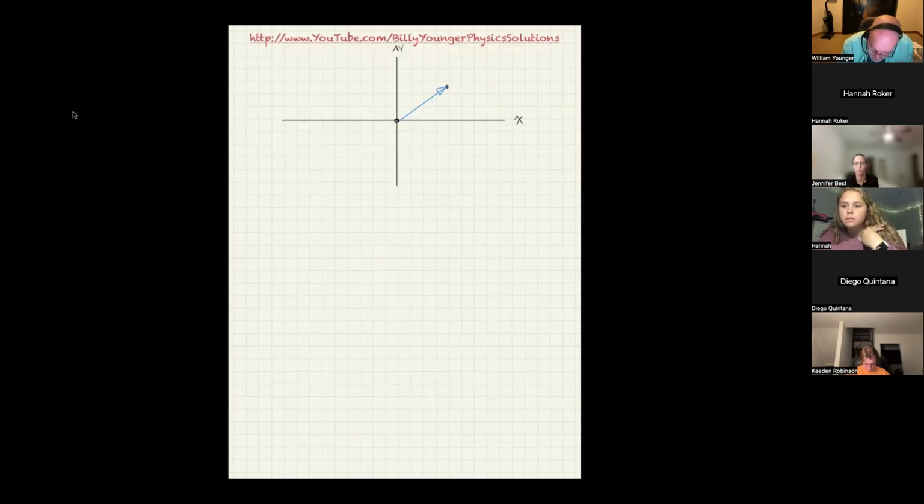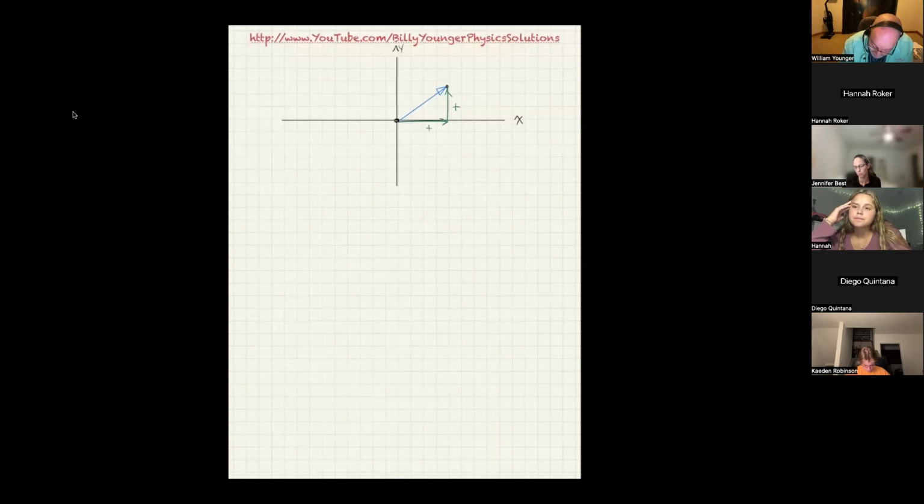So if I choose to do that, then I have to walk this way first, and then I have to walk this way. So that forces this one to be positive because it points to the right, and that forces this one to be positive because it points up.